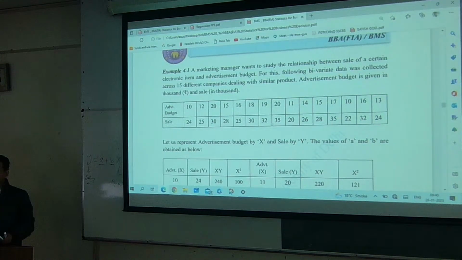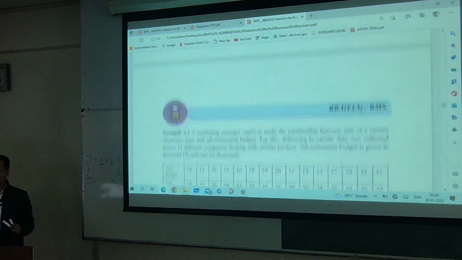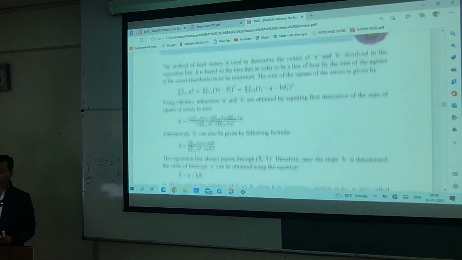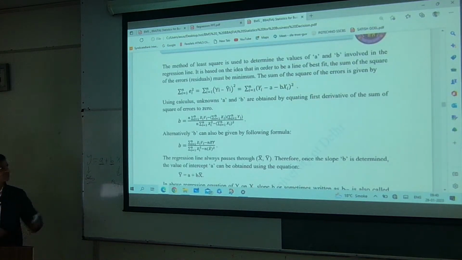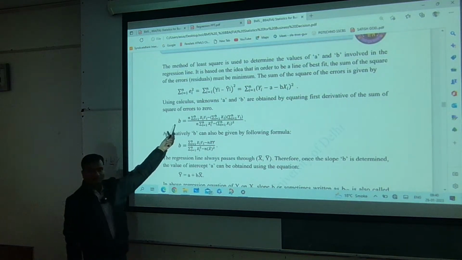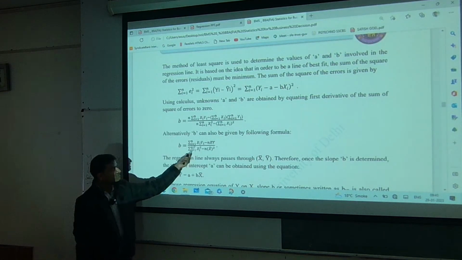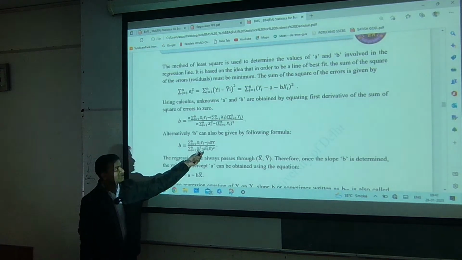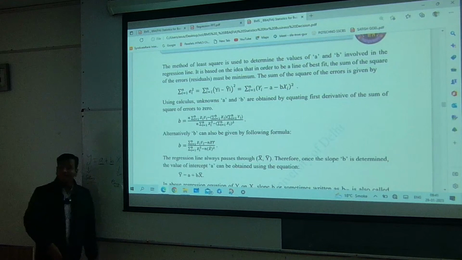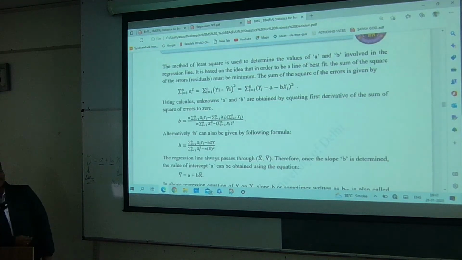Using that you find the regression equation, and we know the formulas to calculate A and B. Through the regression equations I have minimized the errors, and this is the value of B. You can find the B value using this formula, or the simplified form: summation xi yi minus n x bar y bar, divided by summation xi square minus n x bar whole square.